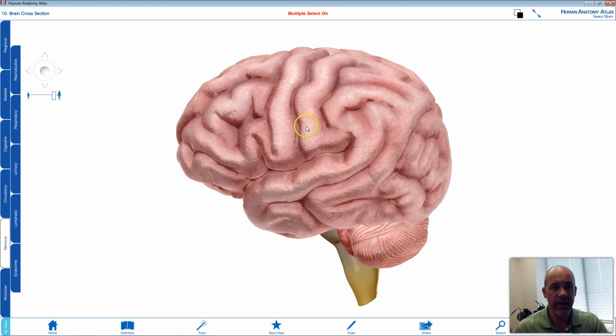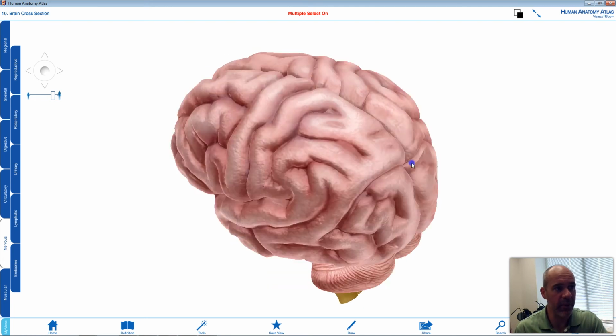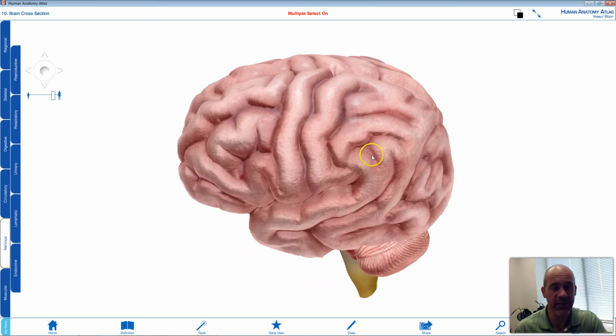All these wrinkles that you have in the cerebrum, the reason they're there, which I've mentioned over on the physiology side, is that it increases the surface area of the cerebrum, and the superficial portion of the cerebrum is where you have lots and lots of bodies of neurons that are important for all kinds of functions, including your consciousness, your logical thinking, sending out signals to control your muscles, interpreting information that comes in from your senses, your memory.